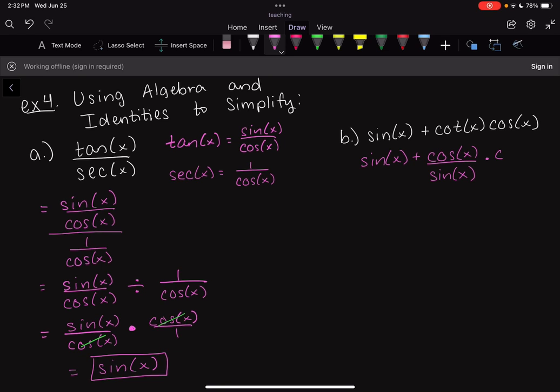And then I still have this times cosine hanging out. So now I have sine x plus cosine squared x over sine x. So I combine those cosines together. Cosine times cosine is cosine squared.